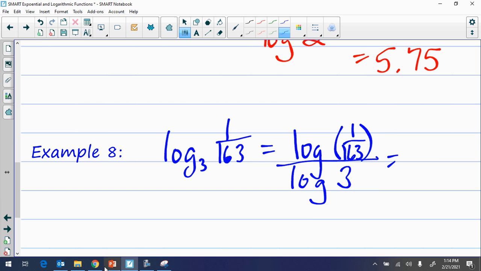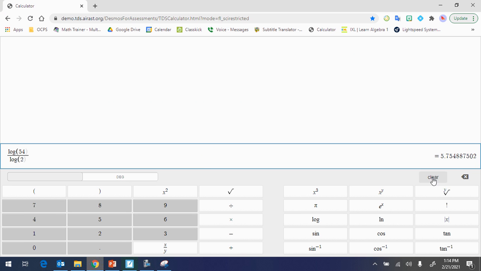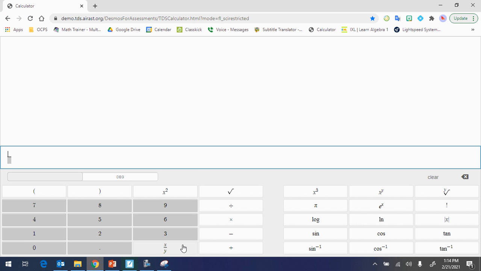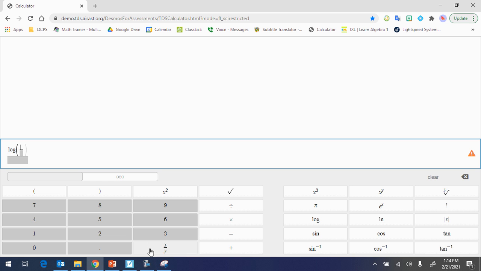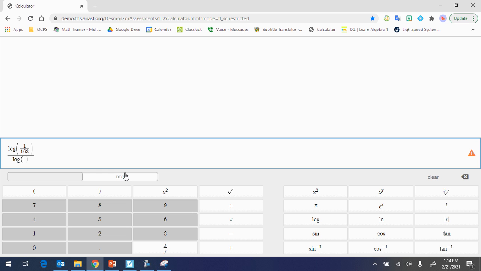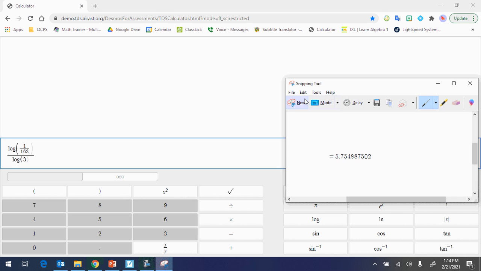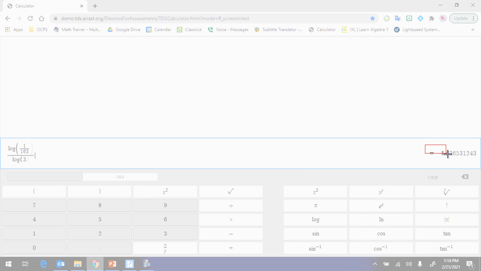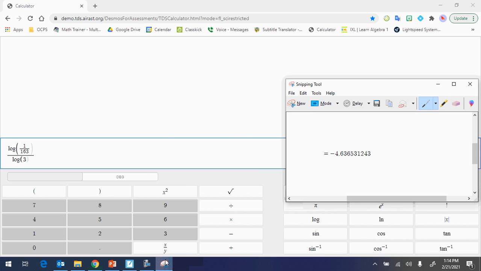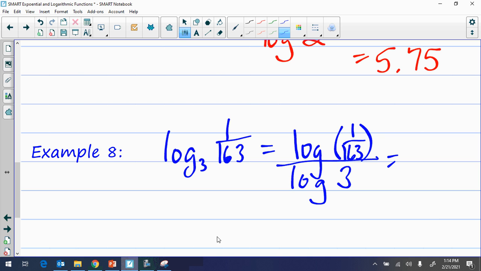So again, I kind of prefer the online one for this one because I can go fraction, log, fraction 1 over 163, over log of 3. And here's what I get. Notice it's negative. You know why it's negative? Because it's a fraction that's less than 1. That's why we end up with a negative number there.